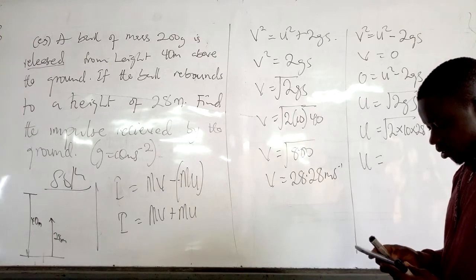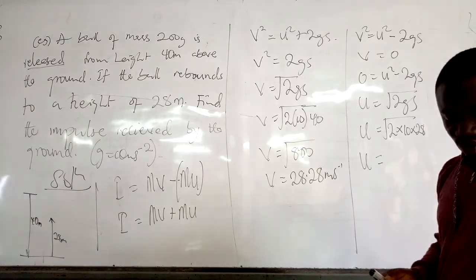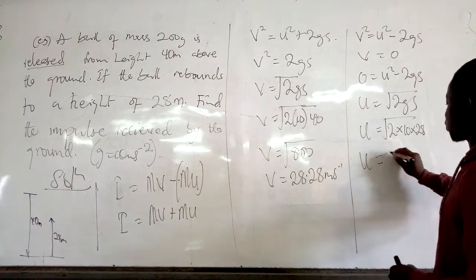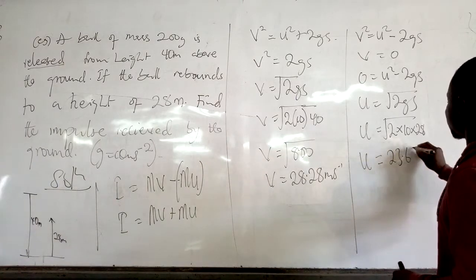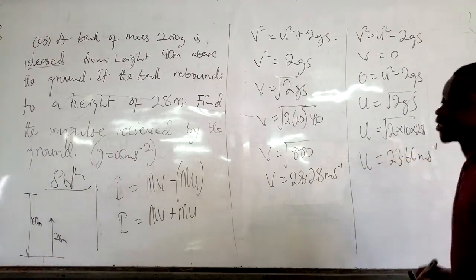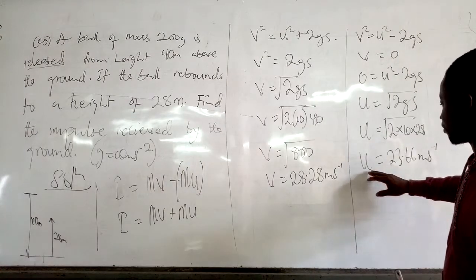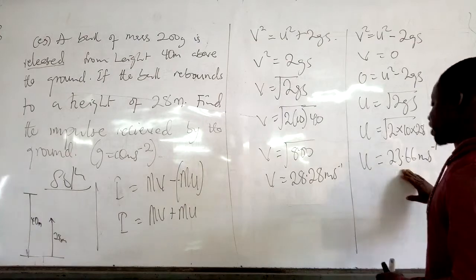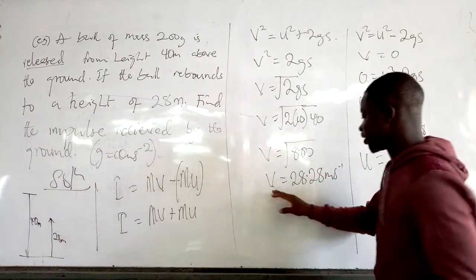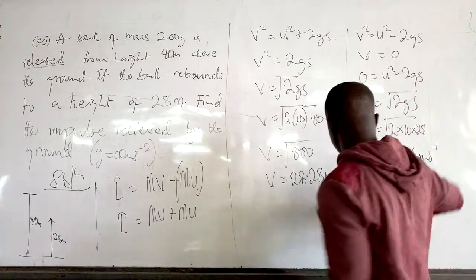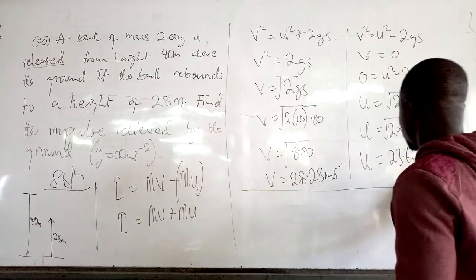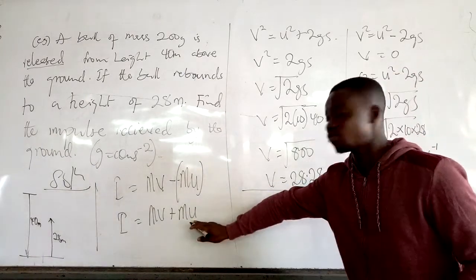That will give me 23.66. So u is equal to 23.66 meters per second. All right. So this is the initial velocity u. This is the final velocity v. So now we put these two values in this equation and solve it.